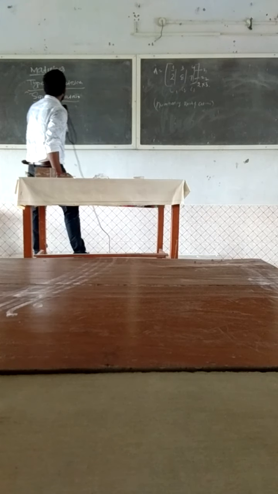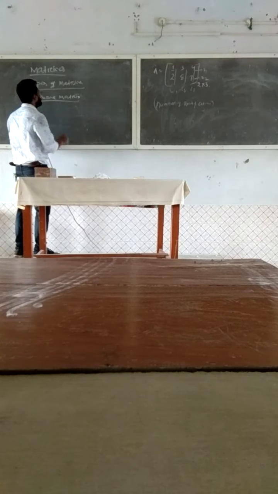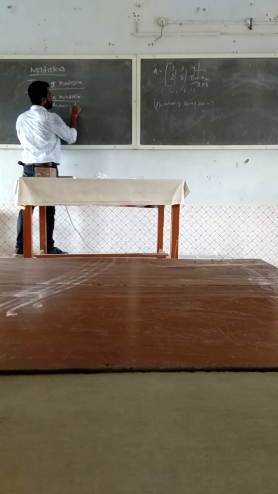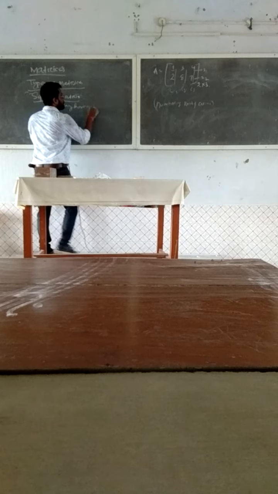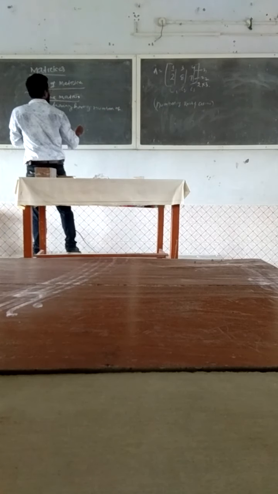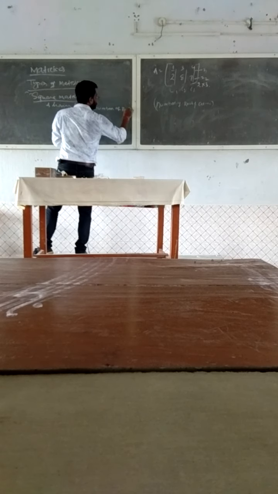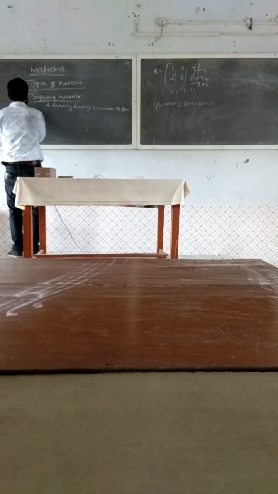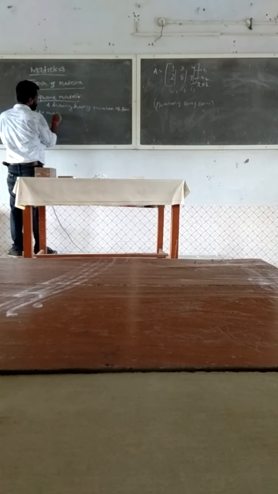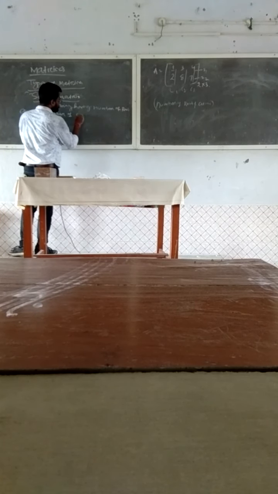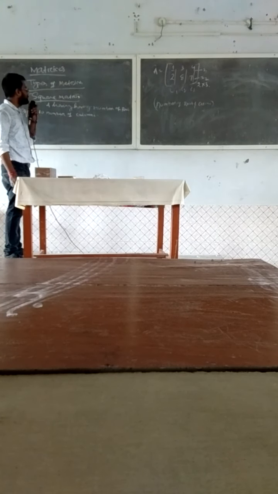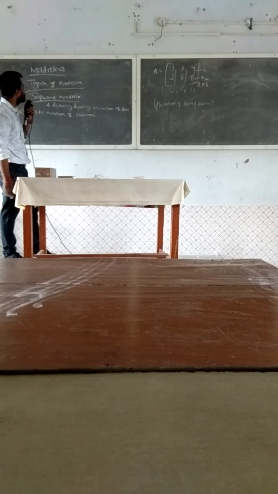So if the number of rows is equal to the number of columns, that means this is a square matrix.